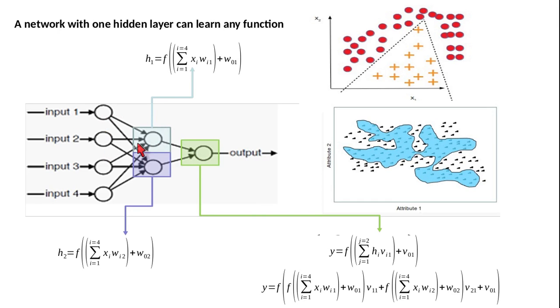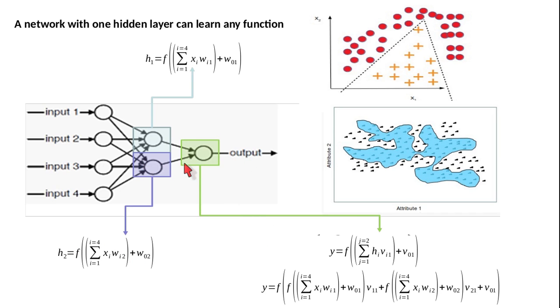The output of this hidden node is given by this equation. This hidden node is behaving as a perceptron which is taking as input these 4 values from these 4 input nodes, performing a weighted sum of those, adding the bias to it, and applying a squashing function on it. In the same manner, the output of this hidden node is given by this equation.